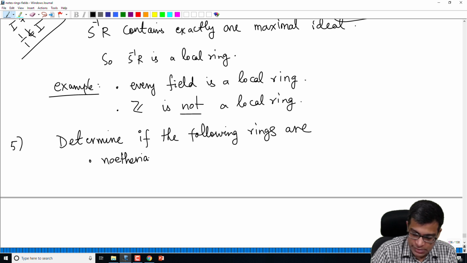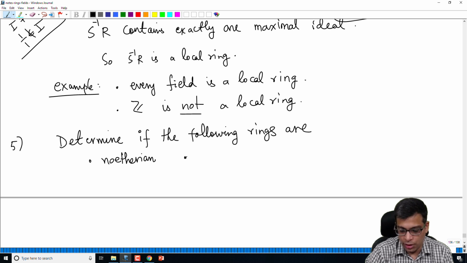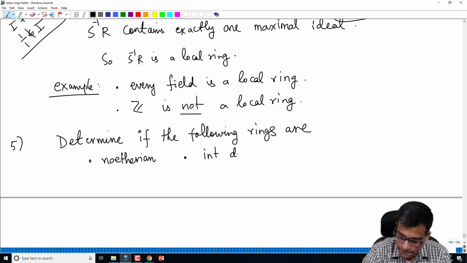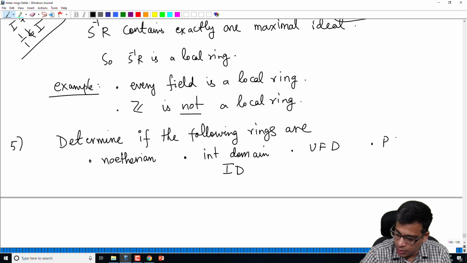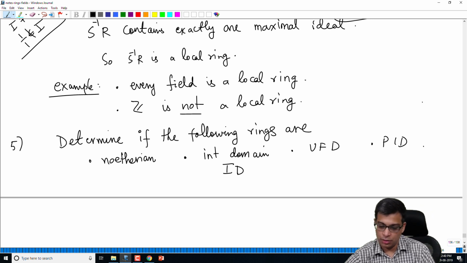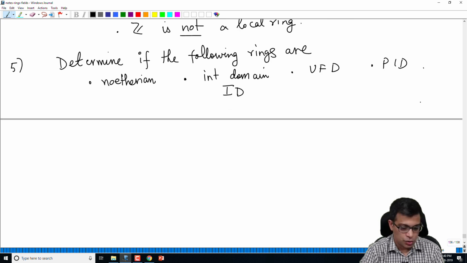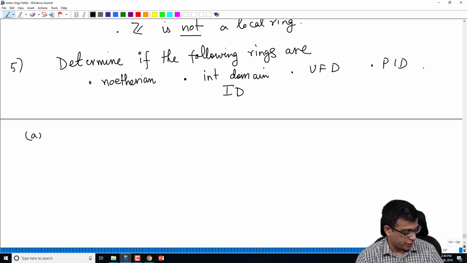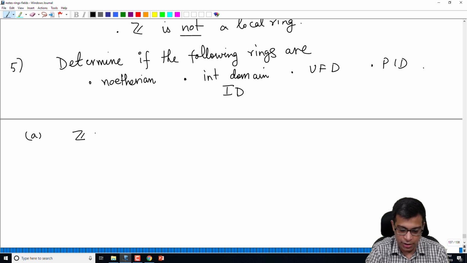Remember, Noetherian means ascending chain condition on ideals holds, or every ideal is finitely generated. Integral domain, which I will denote by ID, UFD or PID. Determine if the following rings have this property. This is mainly to summarize the rings that we have studied. I might forget some of them, but I'll try to do as many as I can remember.